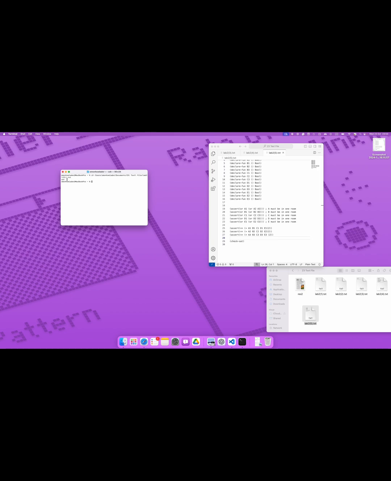That's why, since the question was about consistent or inconsistent, our answer is consistent. And then if we want to get more details, we can check our get model. Then we save it and run it again.